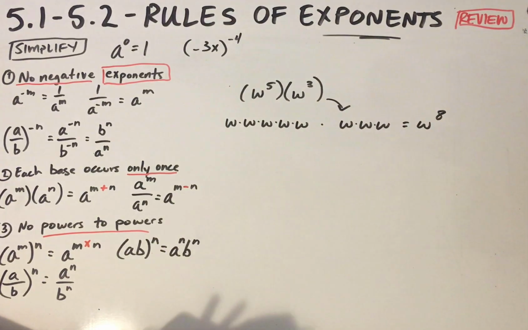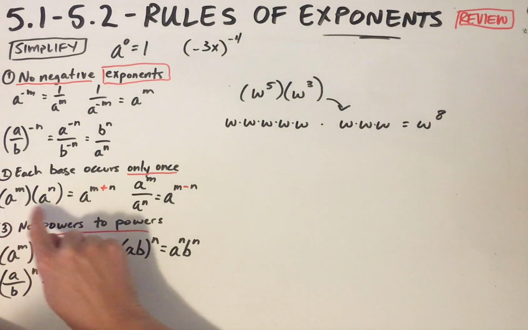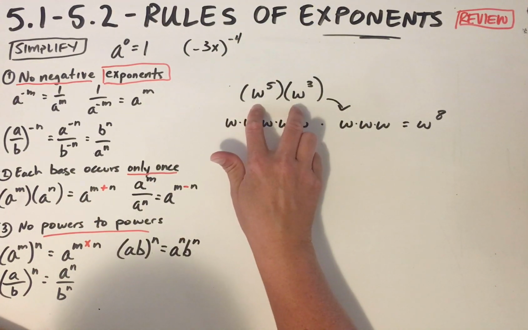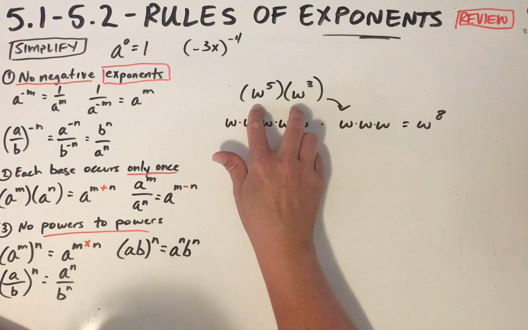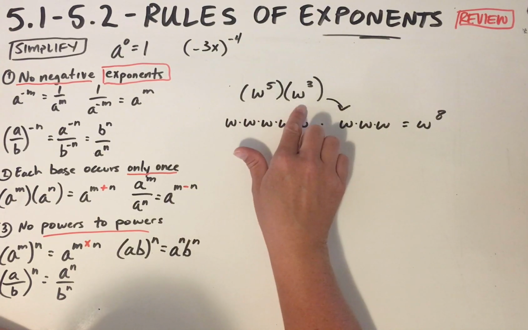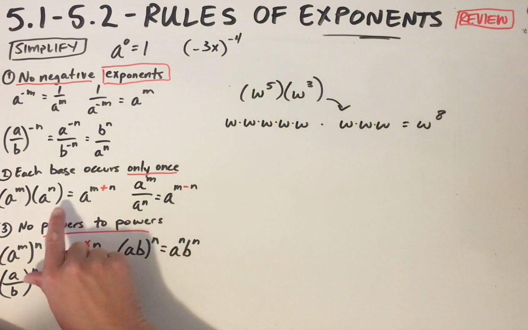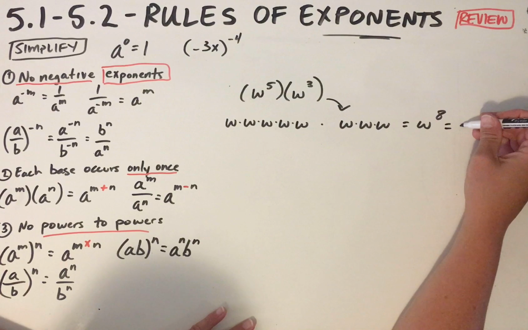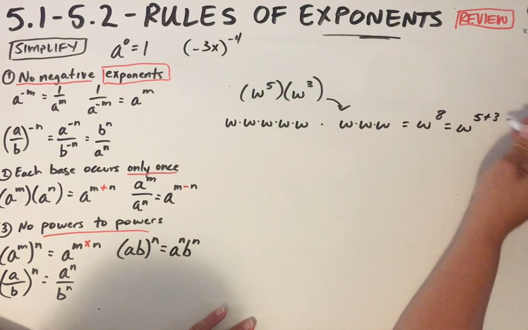That proves that when you see a base more than once, and the bases are being multiplied together, you add those exponents. So this is the same thing as w to the 5 plus 3.